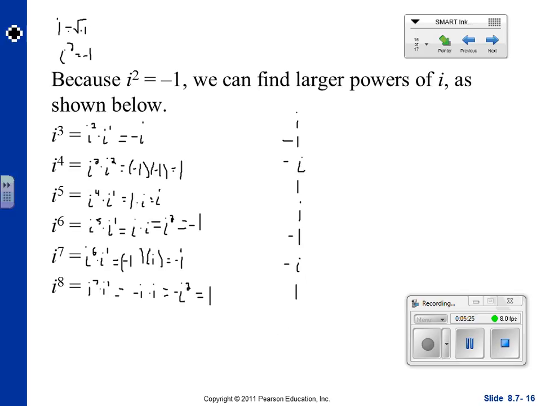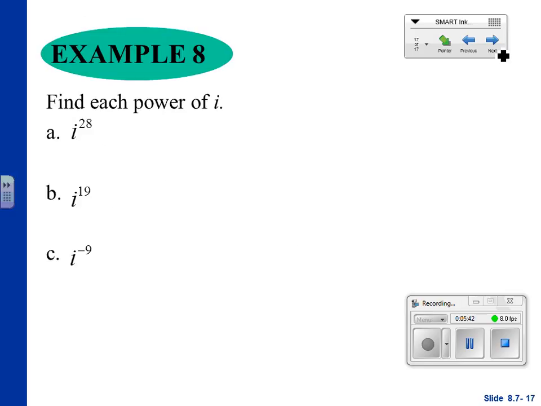So in fact, if the exponent is divisible by 4, you'll get 1. If it's divisible by 3, you'll get -1, -i. Otherwise, if it's even, you get -1. So let's look at some bigger examples. Another way of thinking about this is, let's just get it in terms of i squared.